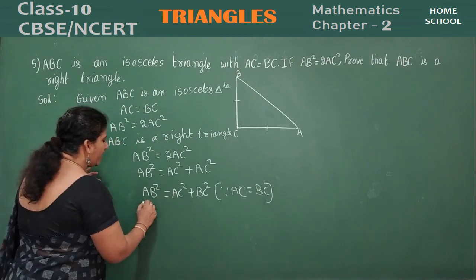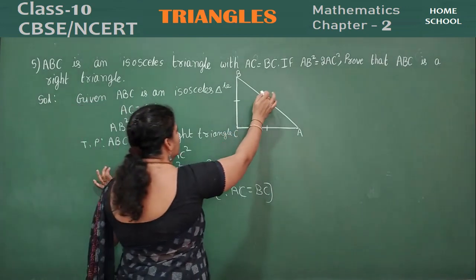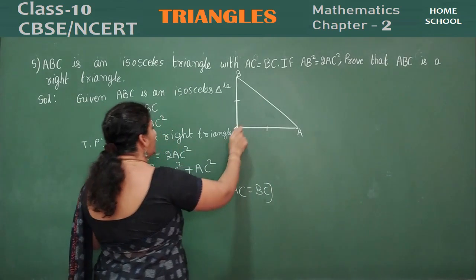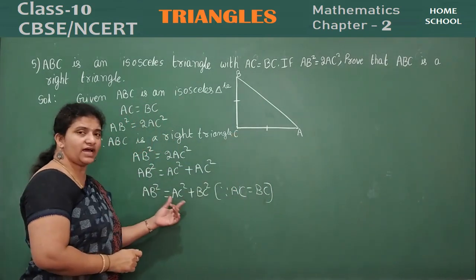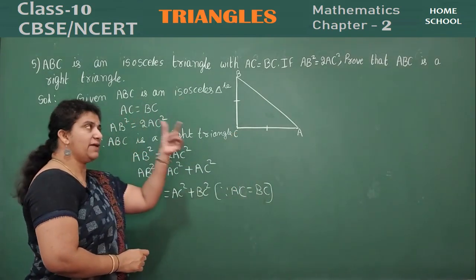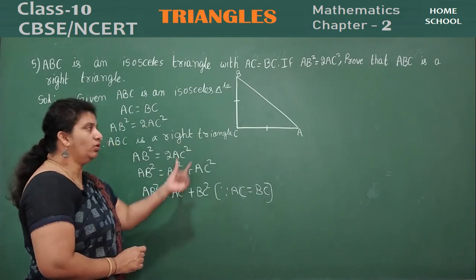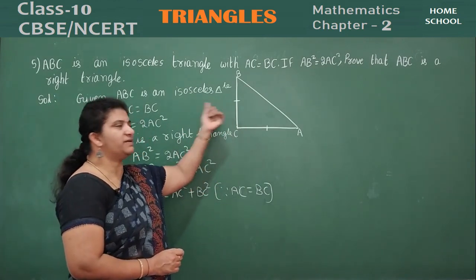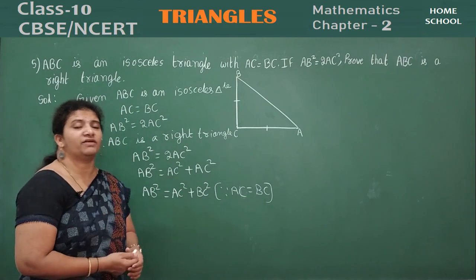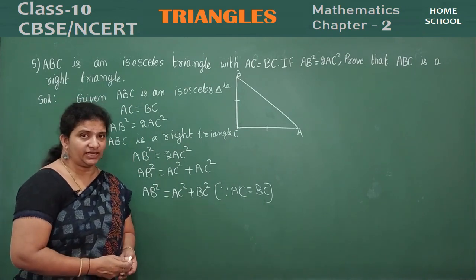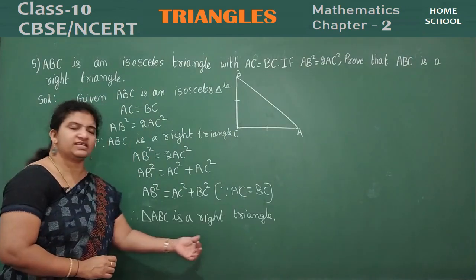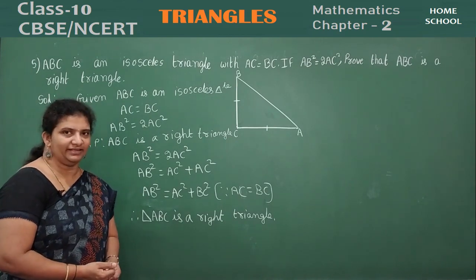So now what I can say, look here, square of the hypotenuse is equal to the sum of the squares of the other two sides. That is, AB square is equal to AC square plus BC square. This is the statement of the Pythagoras theorem. Therefore, ABC is a right triangle.